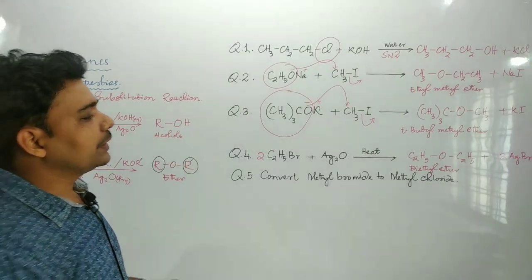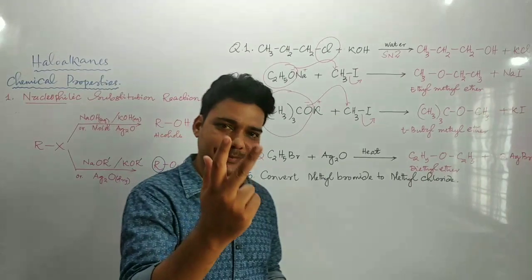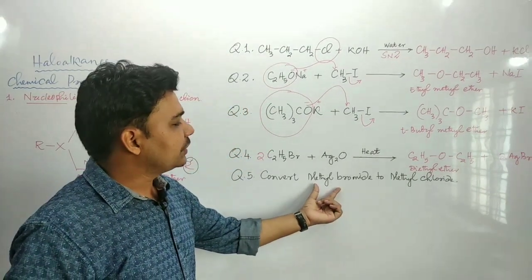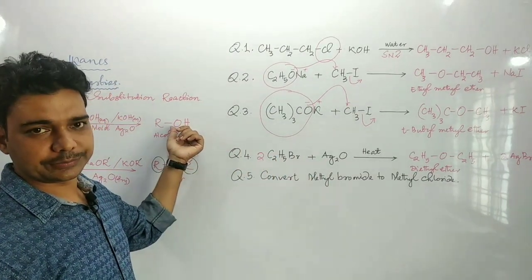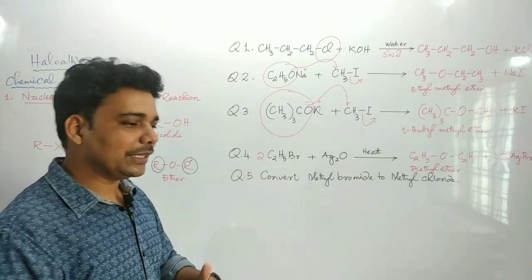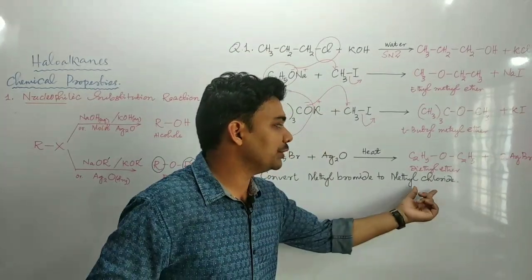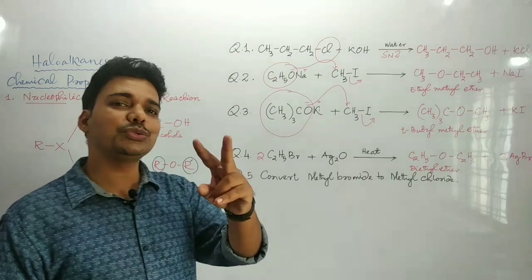Now we will carry out this interconversion in two steps. In the first step, we will convert this methyl bromide into the corresponding alcohol. And the next step will involve the conversion of the alcohol into methyl chloride. Okay, so in this way we will carry out two steps.